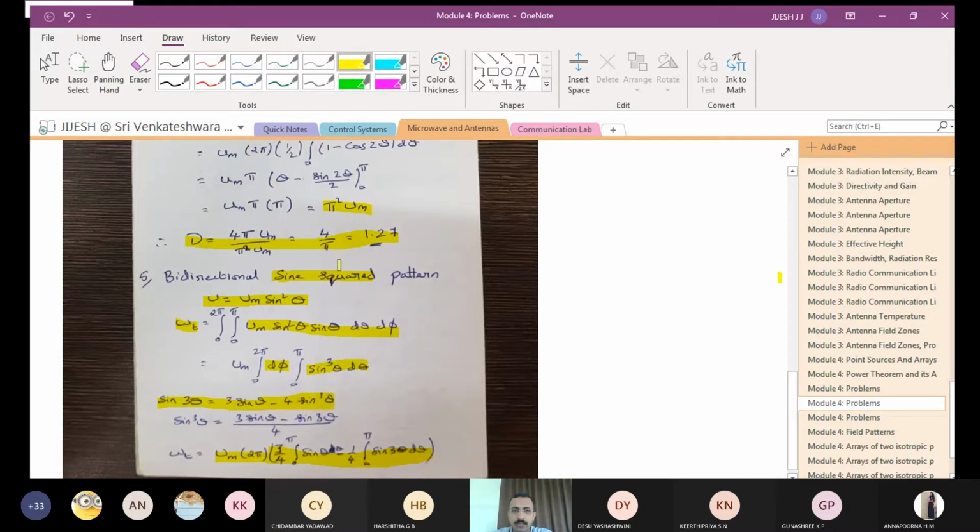WT for bidirectional sine square pattern. Okay, Annapurna, you have the answer with you, or Harshita, Ravi Teja, Karthik, Gunasri, Anita, so Chidambar. So you can say the answer for that. Are you still doing it? I'm doing, sir. Still doing? Yes, sir. Okay, fine. Complete it.